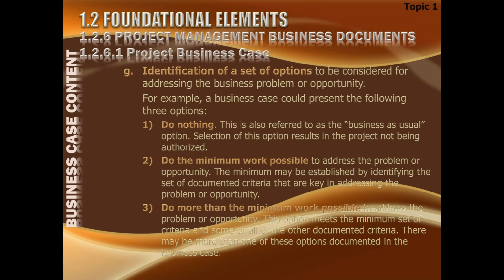This option meets the minimum set of criteria and some or all of the other documented criteria. There may be more than one of these options documented in the business case. So this all depends on what action is to be taken on each one of the options, right? So that will also help you prioritize your options.